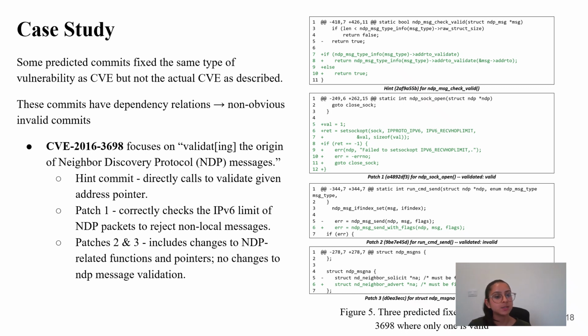However, patches 2 and 3 do include changes to NDP-related functions and pointers, so they may appear to be related to the CVE fix, but they actually don't have changes to the NDP message validation, so they're not actually correct fixes for that CVE, and our implementation correctly marked both of those as invalid.